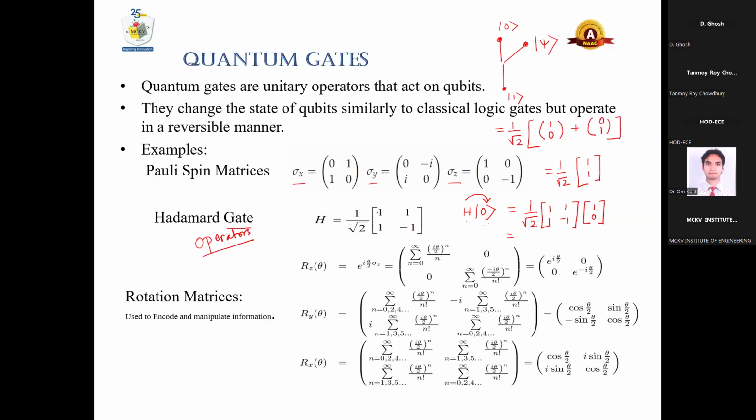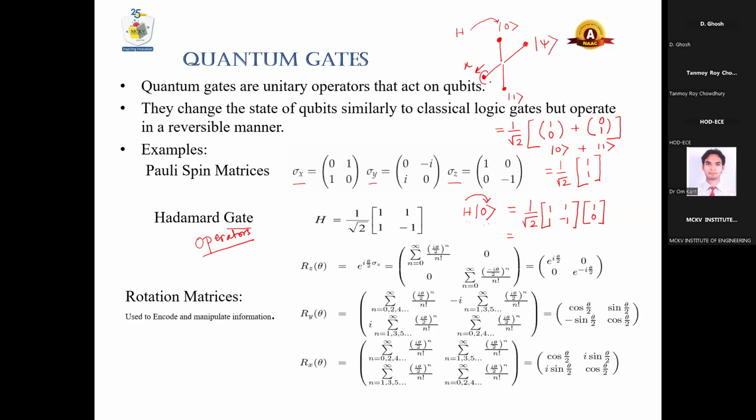So what is the Hadamard gate doing? This, if you remember, is ket 0. And this is ket 1. The Hadamard gate is creating a superposition. So if you see, this is 0 ket, and if I apply the Hadamard gate on ket 0, it is going to create a vector which is pointing along the x-axis.